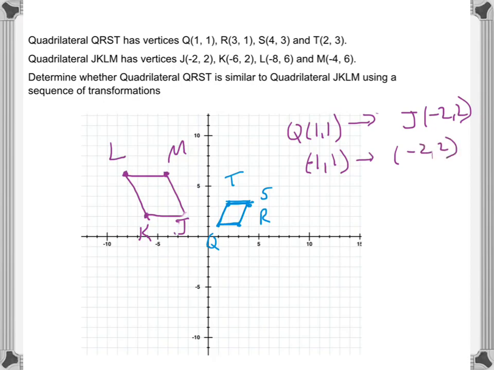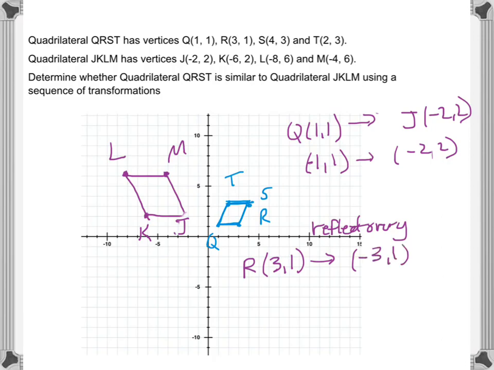Let's try it with another one. It looks like R might be associated with K. So if I reflect that over the y-axis for a minute, that would be (-3, 1).